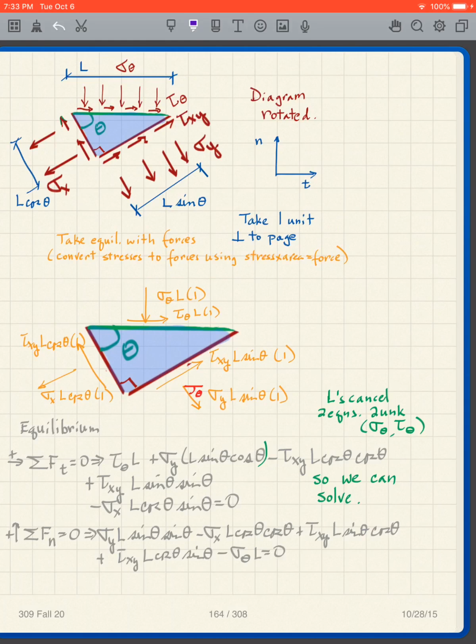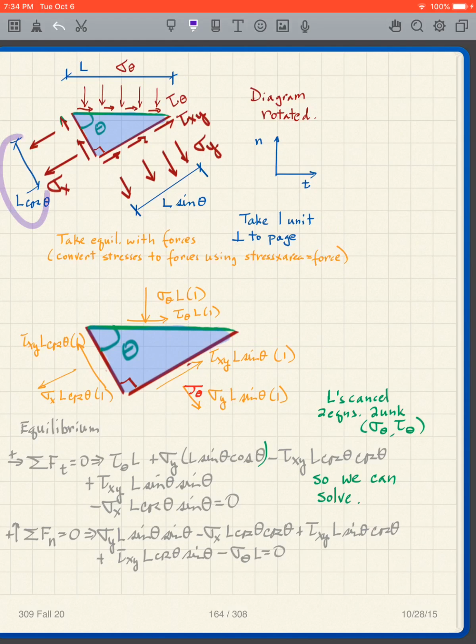So sigma theta times L times 1 is the force, and then this one is going to be tau theta times L times 1 because the tau acts over the same area. This is L sine theta, so I get sigma y times L sine theta times 1, and tau xy times L sine theta times 1 for that one.